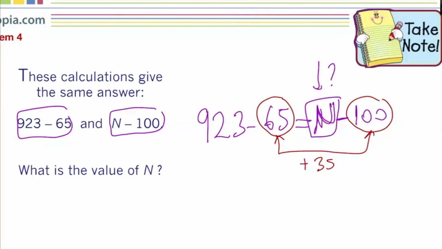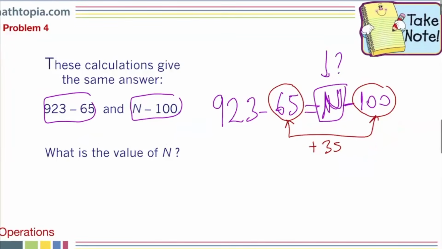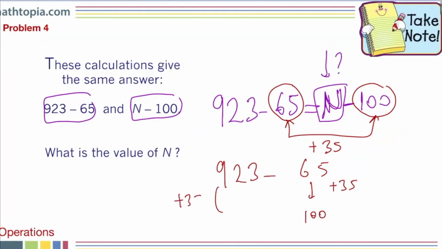So let's think about this one this way. 923 minus 65: you make this one 100, you add 35. What happens when you add 35 to 923?